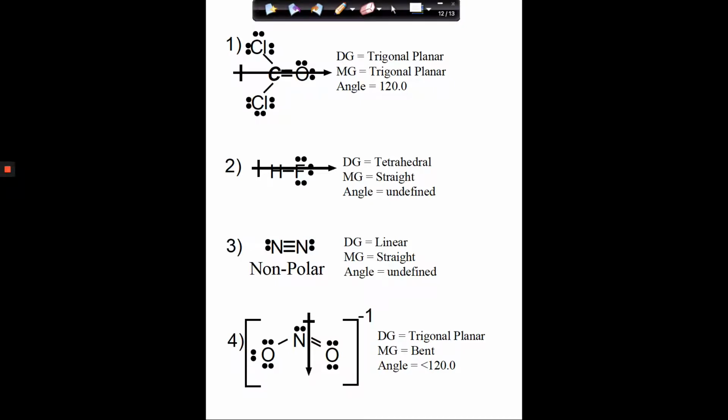If we can figure out why 1 and 2 are not symmetrical and therefore polar, we're halfway there. If we can figure out why 4 is not symmetrical, we have all the pieces of the puzzle.